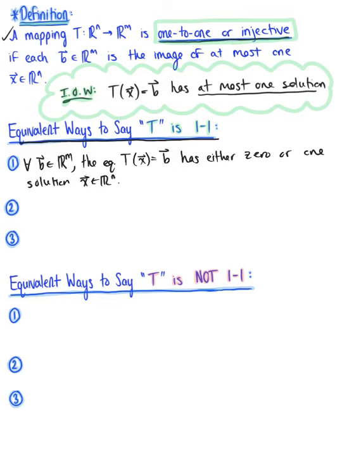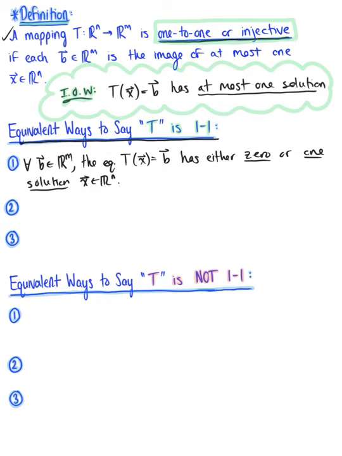So for every vector b in Rm, if the equation has either 0 or 1 solution, we know that this transformation is a one-to-one mapping.